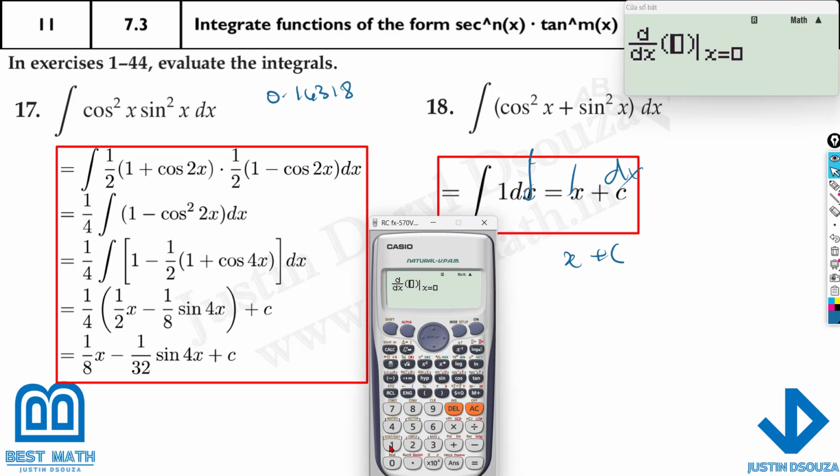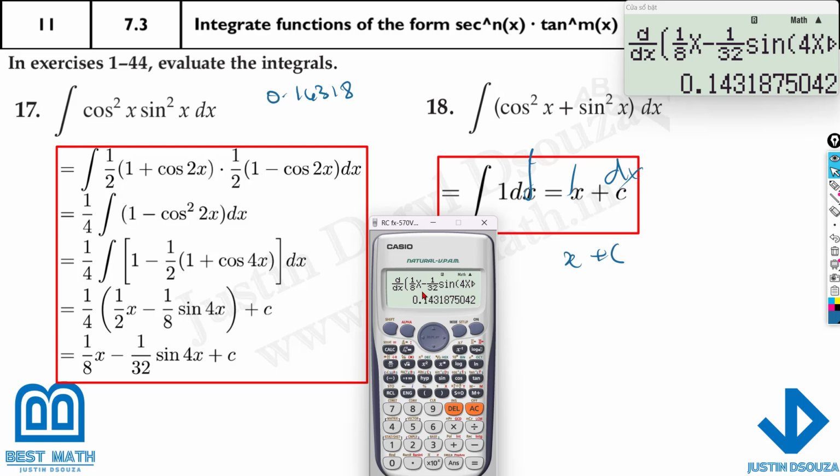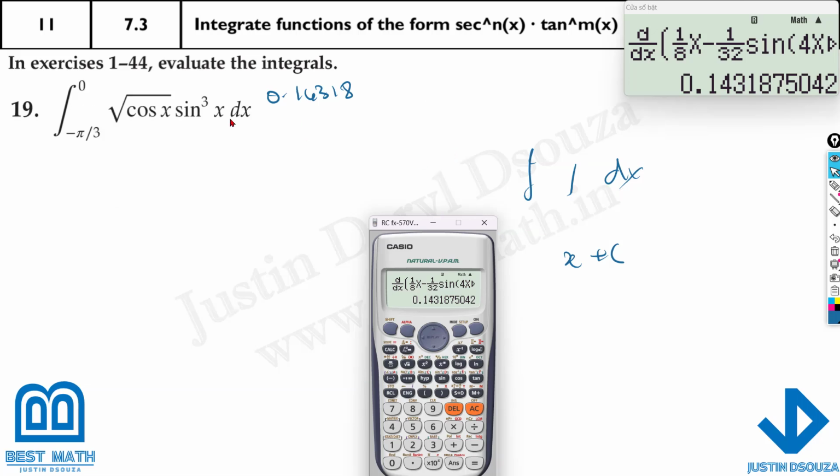Shift d by dx, 1 by 8 x minus 1 by 32. Okay, not calc, my bad. Here, let me go back. It's 1 divided by 32 sine 4x. And what do we have is 2. So it should match. Yes, it is matching.